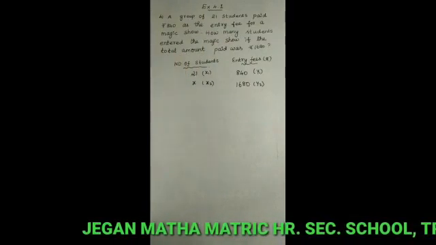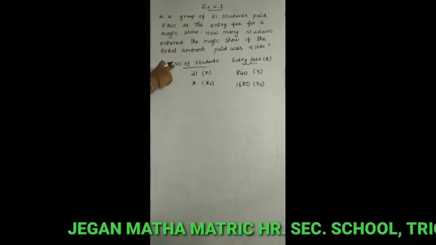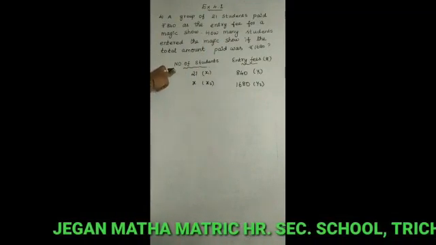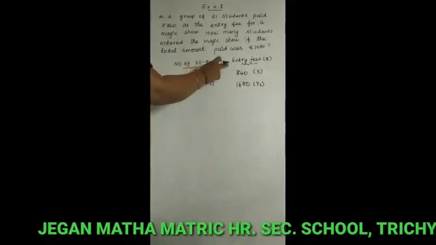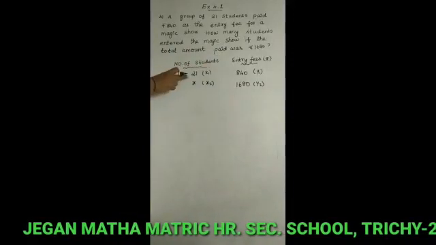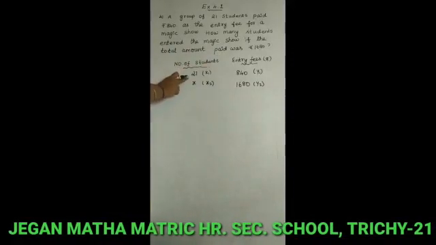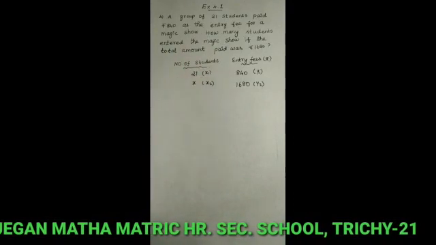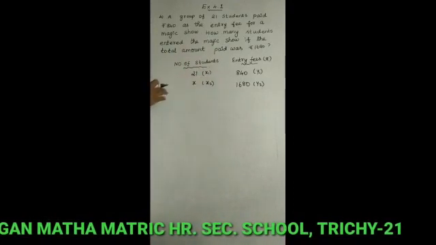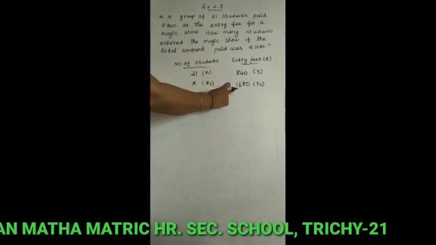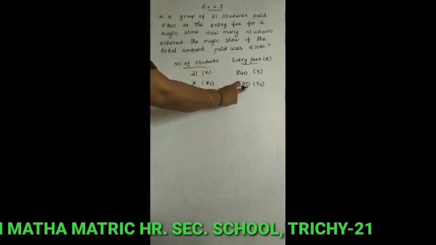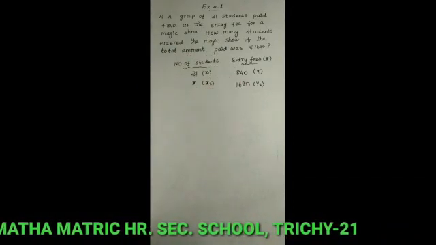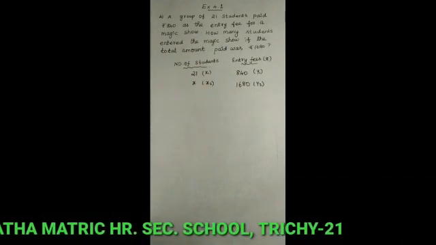So here given two quantities, number of students is one quantity, then another one is entry fees. So 21 students paid the entry fees of rupees 840. Then the entry fee paid is 1680.